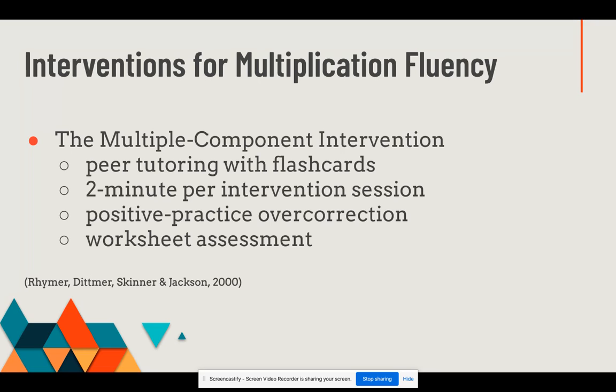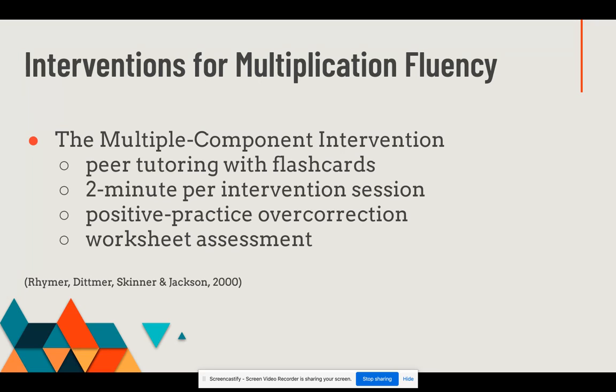If the answer is right, the peer tutor will say "correct, good job," then show him the next card. If the answer is wrong, the peer tutor will show him the right answer and verbally tell him the right answer. For example, 2 times 3 equals 6, and Raj is supposed to write down the equation and the right answer on scrap paper three times. This is the positive practice overcorrection part.